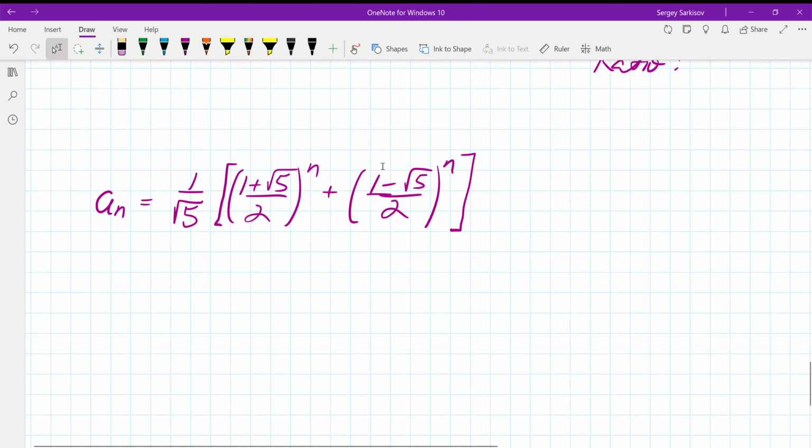Let me try some numbers, just for fun, to finish this video off. If a sub 0, I wouldn't be sure what the numbers are. So 1 over root 5, and if you take it to the 0th power, well, that's not helping.